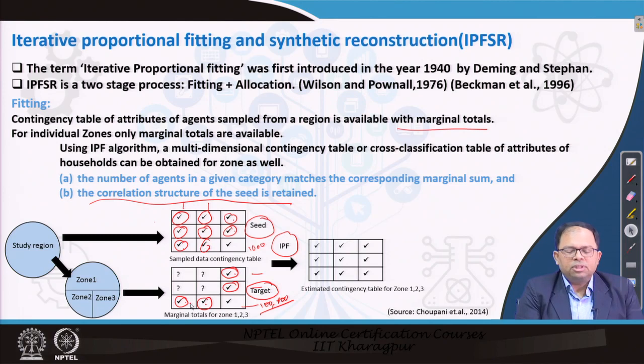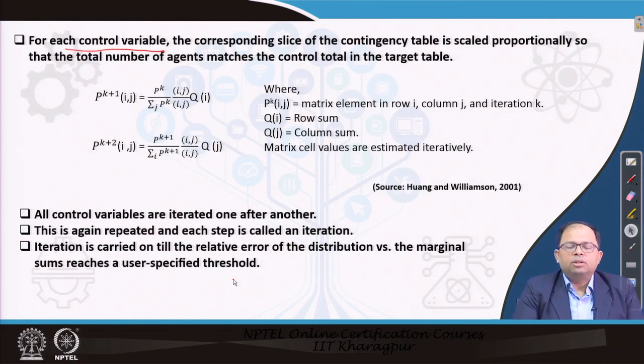We have to see that each of these matches after we run our algorithm. So for each control variable, we need to modify the contingency table proportionately so that the total number of agents matches the control total of the target table. If there are several iterations, P^k is the table at iteration k, ij is the matrix element in row i and column j, q_i is the row sum and q_j is the column sum.